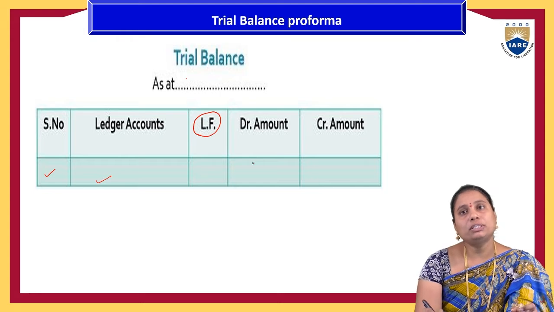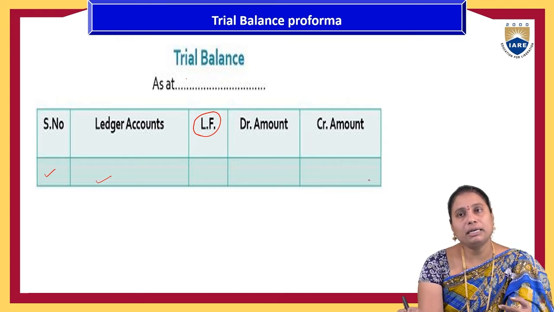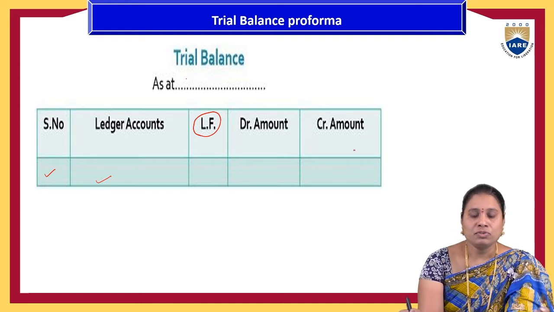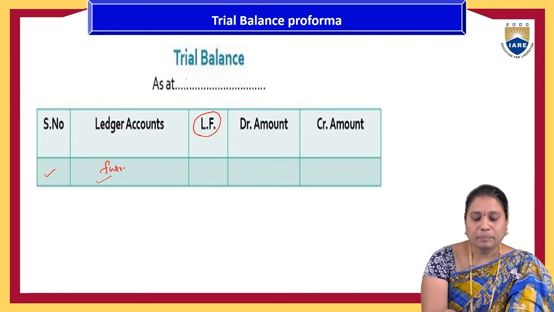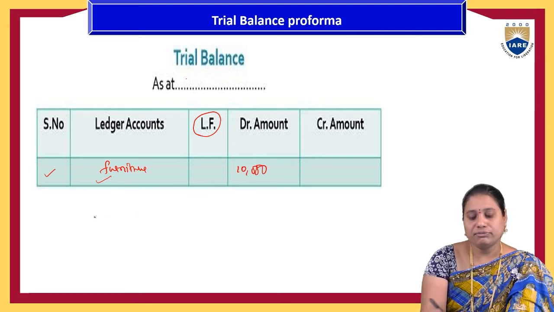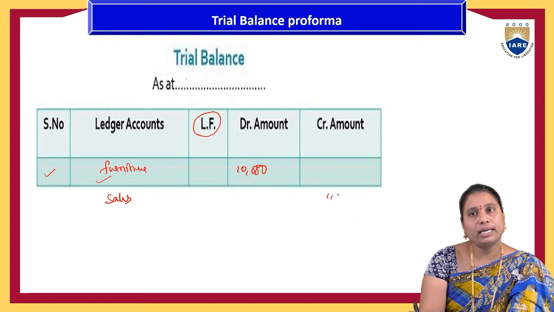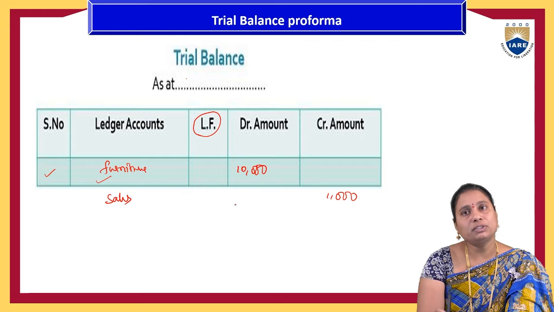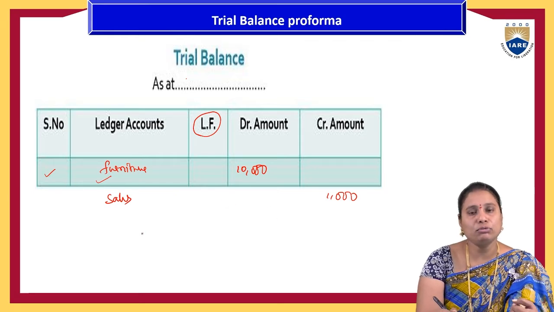If the ledger account has a debit balance, it goes on the debit side, and a credit balance on the credit side. So the furniture account is 10,000, and if sales were one lakh rupees, and so on for every transaction. Debit balances or credit balances, they have to mention accordingly.